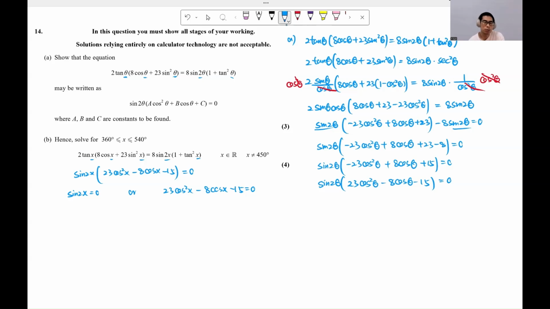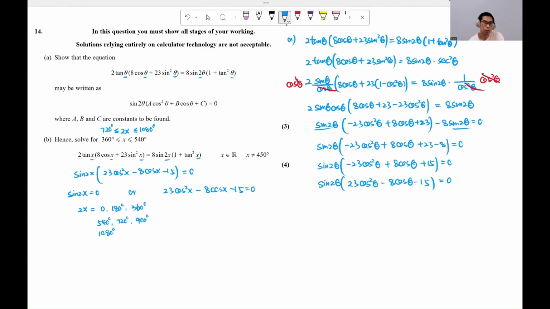If x is between 360 and 540, then 2x should be between 720 and 1080. If sin 2x equals 0, then 2x could be 0, 180, 360, 540, 720, plus another 180 is 900, and plus another 180 is 1080.